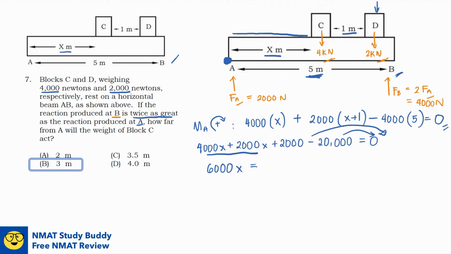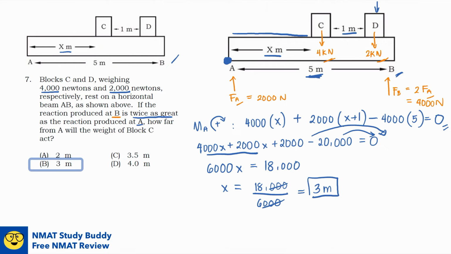So, 20,000 minus 2,000 is 18,000. So, x is equal to 18,000 over 6,000. Cancel. So, 18 divided by 6 is equal to 3. So, yung x is 3 meters. Yan yung final answer natin.